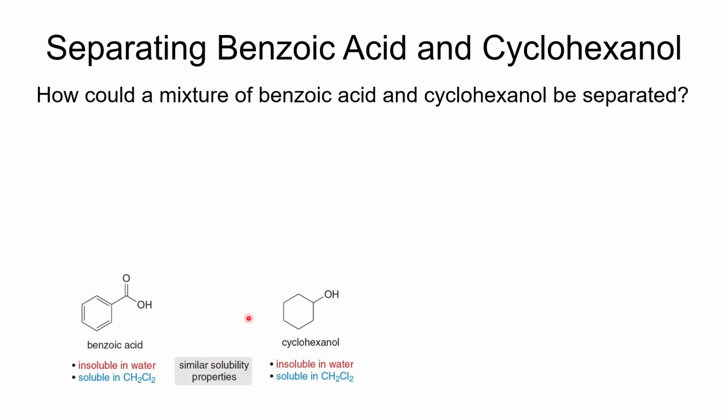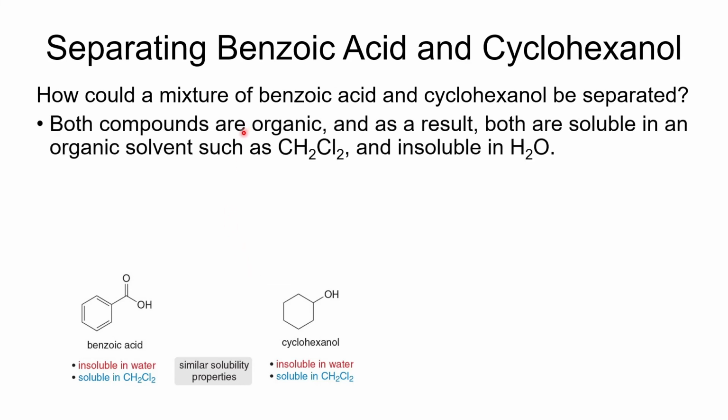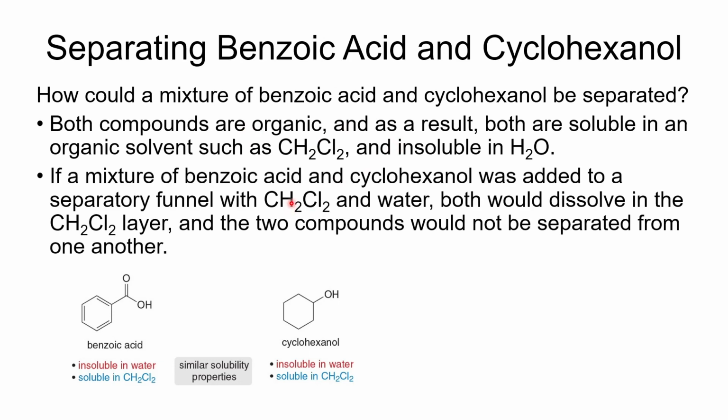You might think, well, that makes it impossible to separate. Well, I wouldn't be showing you this if it were impossible. So they're both soluble in the organic solvent, and they're both insoluble in water. If we were to put this into our SEP funnel, they would both go into the dichloromethane and nothing would go into the water.